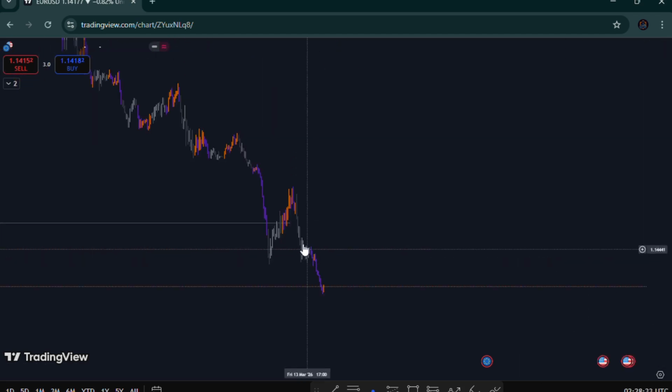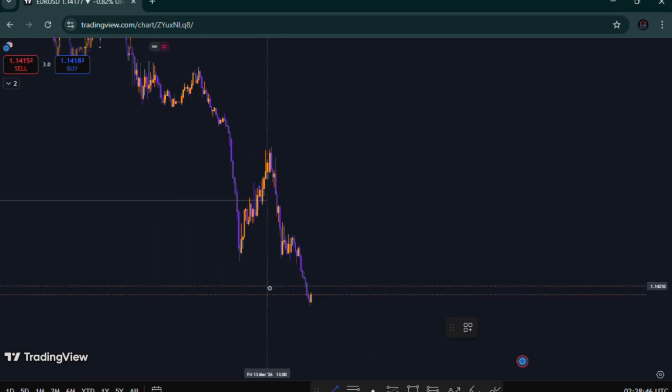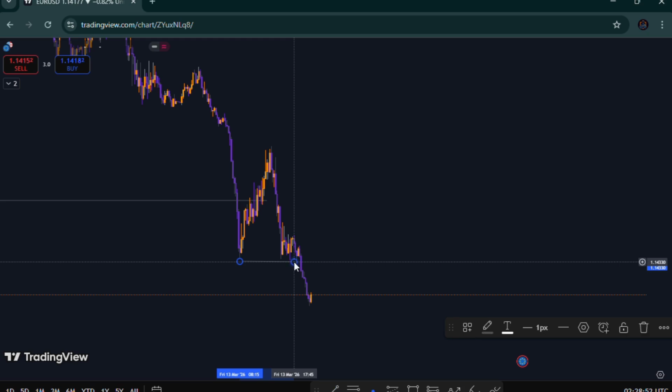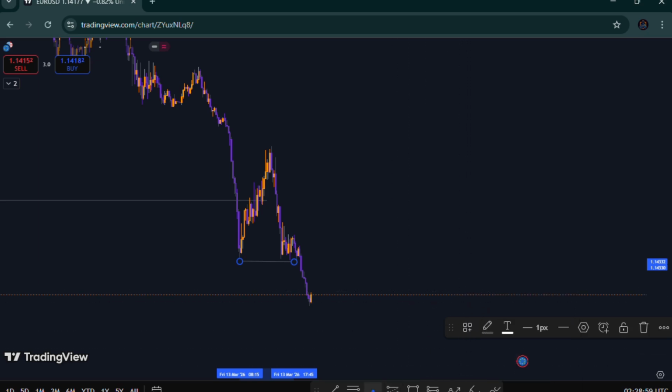Here on the 15 minutes, this is where our swing, which is our overall swing low, got broken. At some point, price also gave this swing low and the swing high. Now this is a break of structure on the 15 minutes time frame, which is literally continuation for the sell.